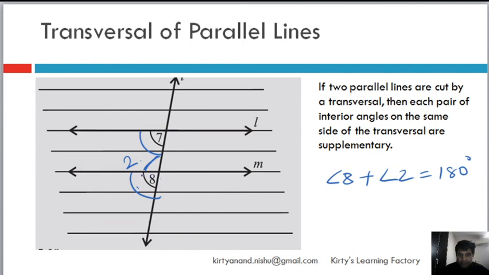But we know that corresponding angles are equal. Therefore, I can say angle 7 plus angle 2 is equal to 180 degrees. That's also another way of looking at it, that these two will be 180, these two will be 180. Another way of seeing that interior angles on the same side, when I add them, they will be equal to 180 degrees. Okay.